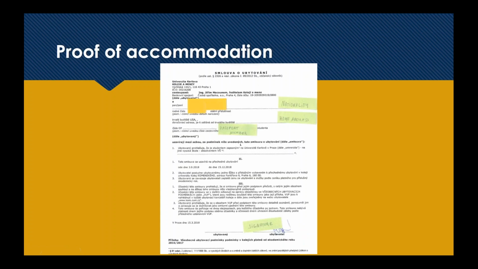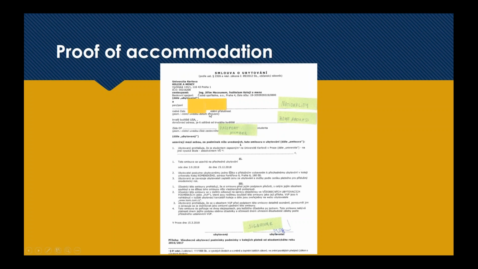The next document is your proof of accommodation. This is the agreement that you'll be living at the dorm during your stay in Prague. This is another document that we're sending to you, and it's actually 3 documents in one. So on this, you have to fill out some information. Where this word is, CISLO, just to the right of that in this blank space, you will put your USA, just to the right in this blank.